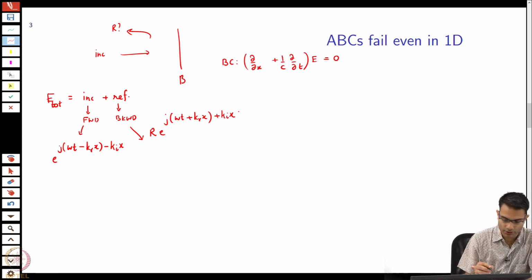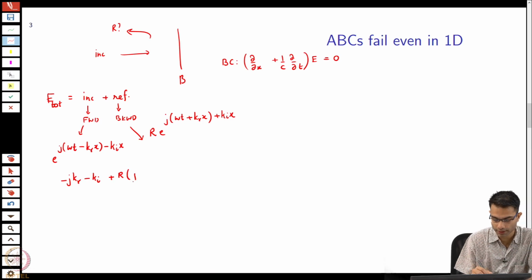So, the derivatives now will happen with respect to space, first one d by dx. So, what is the first term that I get? I get a minus j k r, right. Then I get a minus k I, this is d by dx put on incident field, plus r times, now what will I get? J k r plus k I, this takes care of the d by dx part.